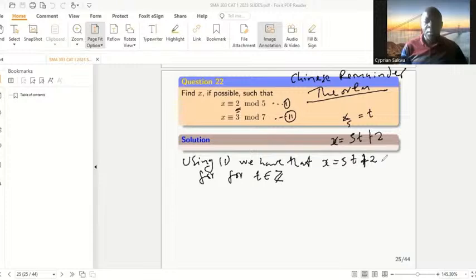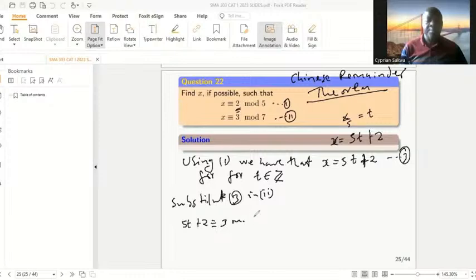Now I substitute this equation 3 in 2. Where there is x, just write this. So what do we have? We have 5t plus 2 giving us 3 mod 7.